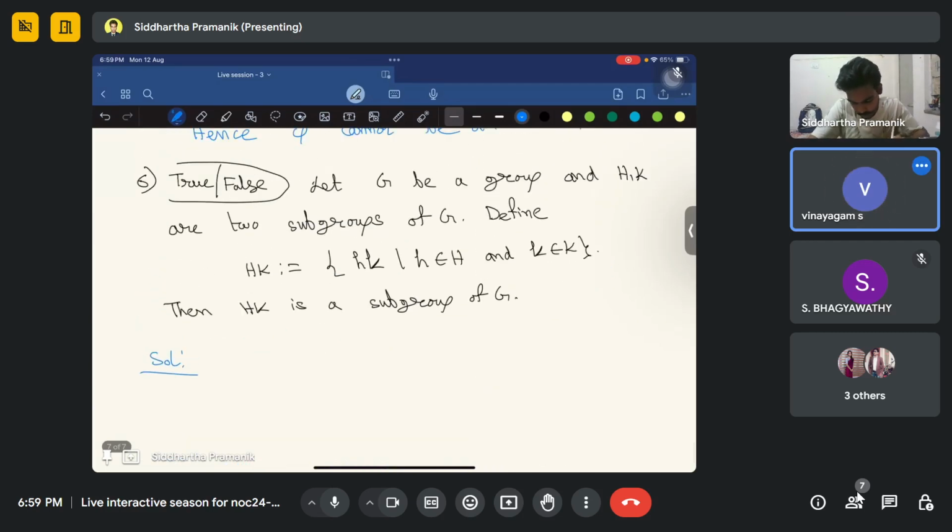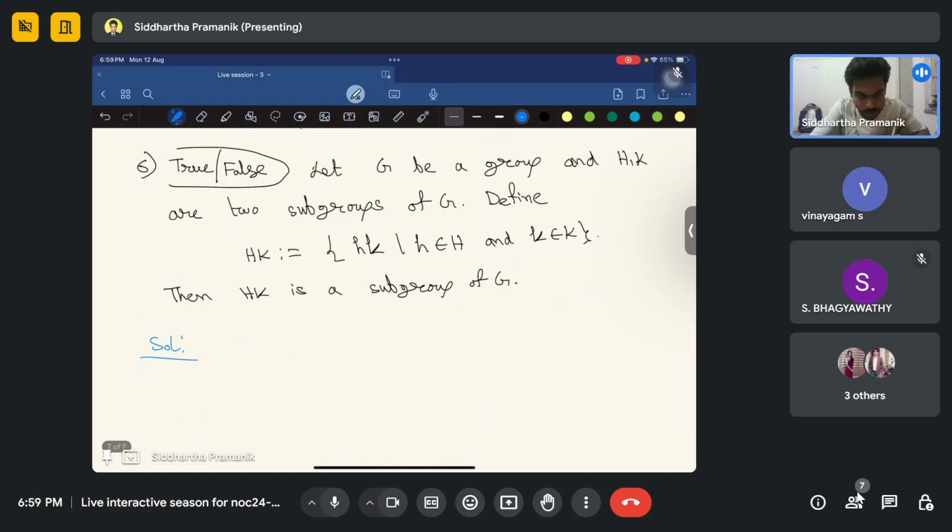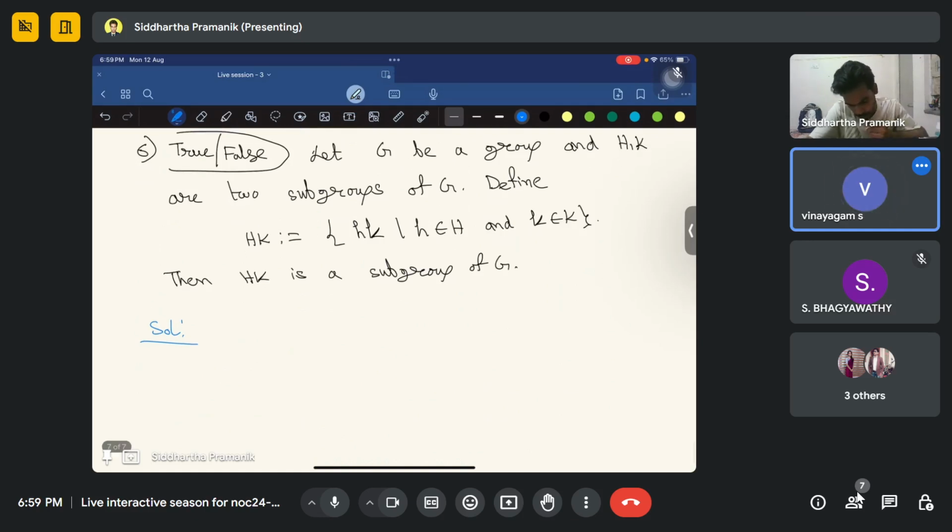No, no, you are saying this may not be a subgroup. So you need to give some example for that. Okay, so let me do this. So the fact is this may not be a subgroup always, but in some special cases it will be a subgroup. So we will come back to that later. But first let's see an example.